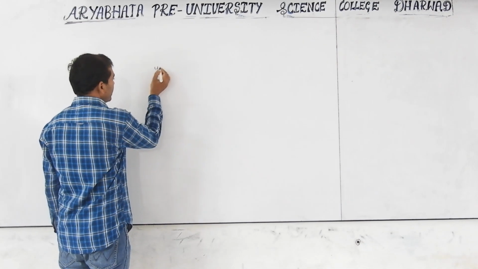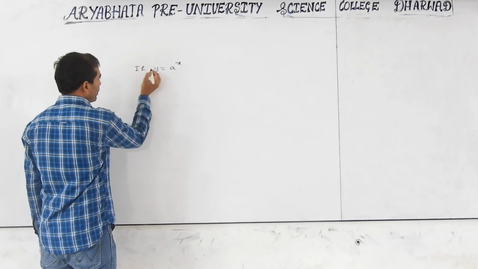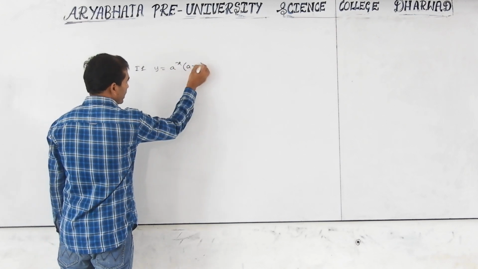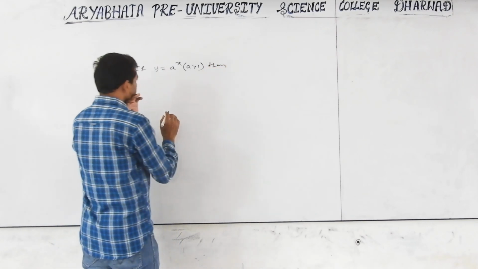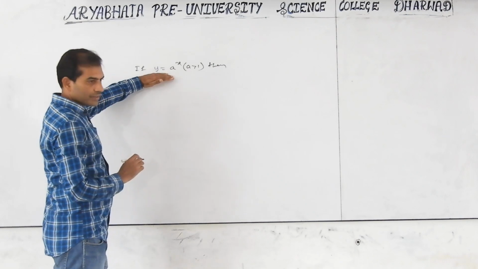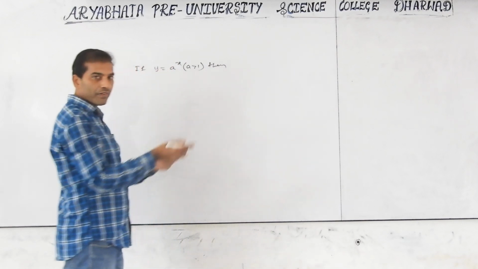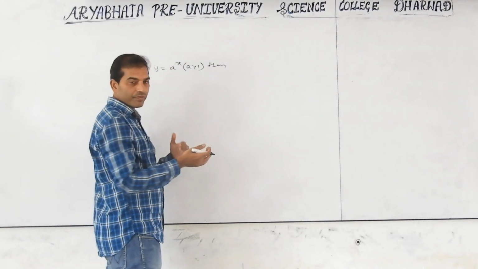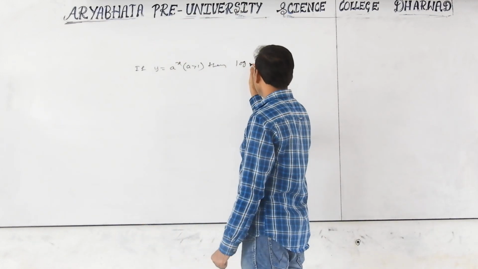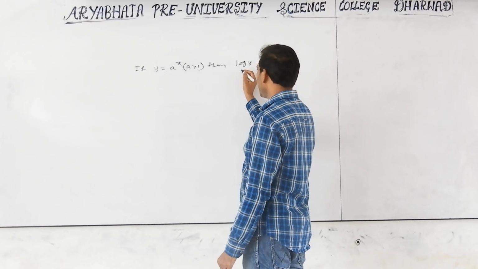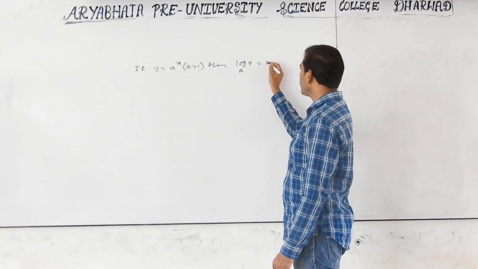Now, y equal to a power x. What is the base a? a is greater than 1. If y equal to a power x, then this is called an exponential function. Now I am going to make it in another form, called logarithm form. y equal to a power x, you can write log y to the base a equal to x.